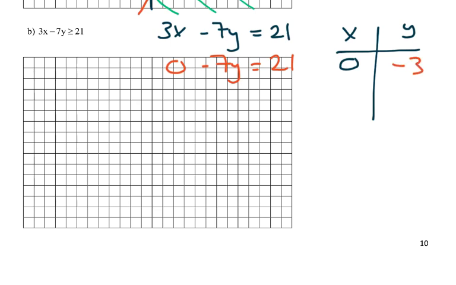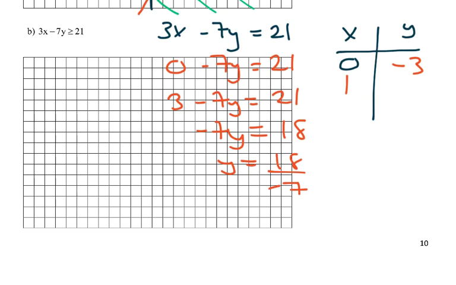Now if we continue with this, let's choose x is 1, then we're going to have 3 minus 7y is equal to 21, minus 7y is equal to 18, y is equal to 18 over negative 7.